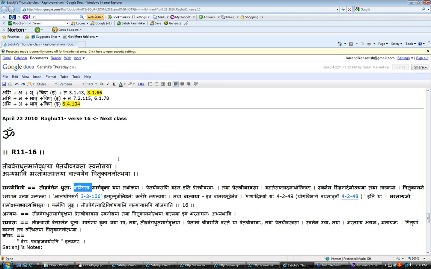So Yaya, she was the one by whom the trees along the road were shaken up by her high speed. So Tivra Vegena, which is a Karmadharaya, and Tivra Vegena Dhutaha made it into a Tritiya Tatpurushaha. That was qualifying the Vrikshaha. The Marga came in between just to tag on to the Vriksha as Shashthi Tatpurushaha.